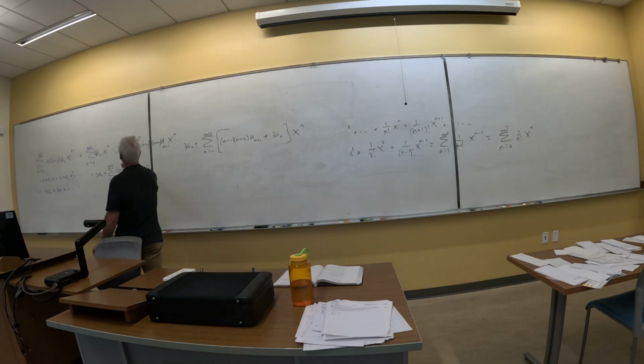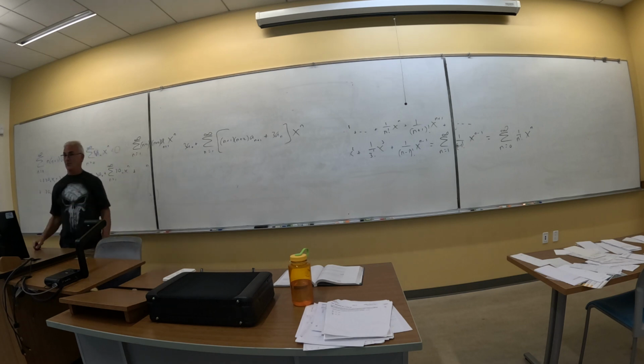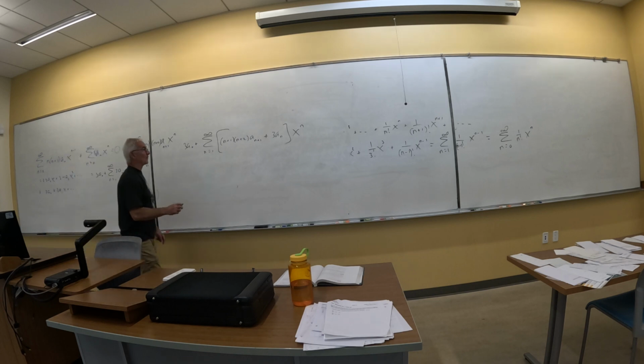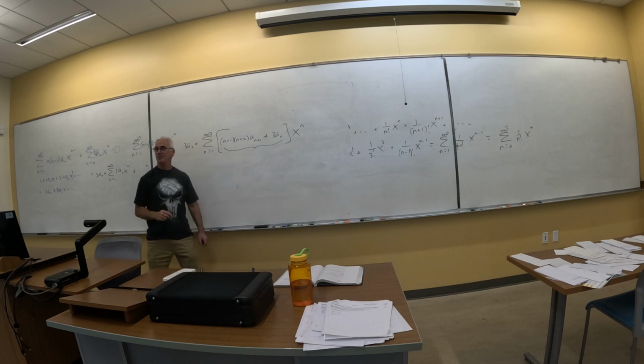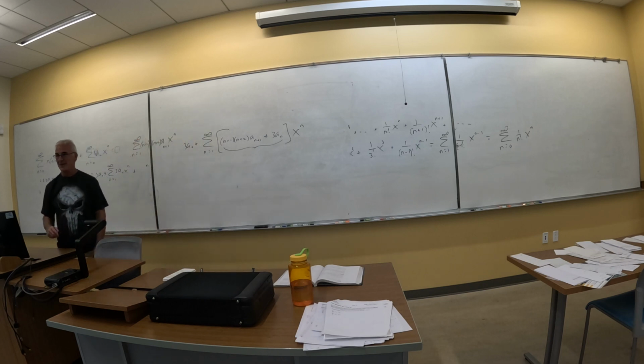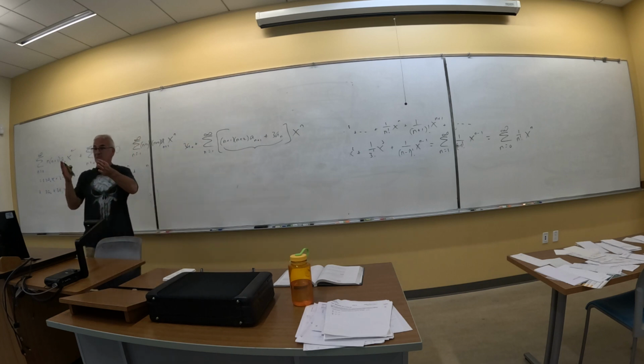Does that mean that all my a's are 0? No, it means the whole thing adds to 0. It's not the same thing, is it? But what that would therefore mean is that all of these would have to equal 0. And now I would have a simple way of relating the n plus first value to the nth value. It would actually give me a formula, an algorithm to find the coefficients.